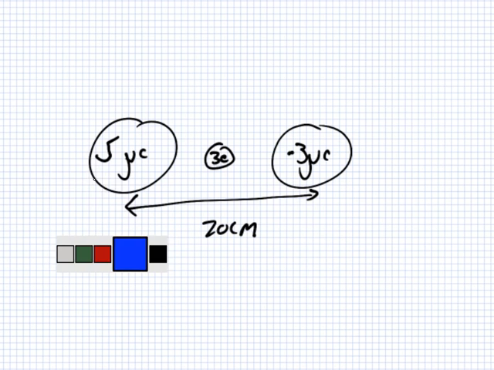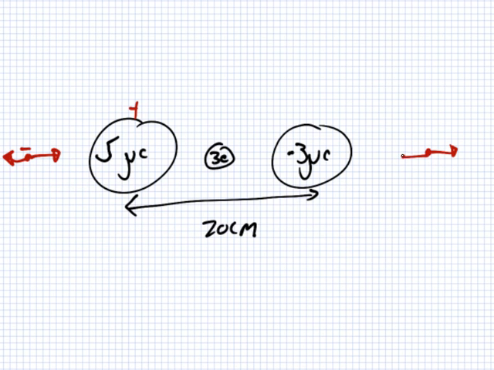Well, what would happen if you put it here? Sorry, this is a negative. The positive pulls it to the right and the negative pushes it away. If you put it here, the negative will push it away, but the positive will pull it.